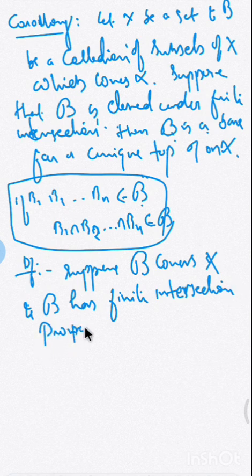Since it is a corollary of the previous theorem, we have to use the previous theorem. What was the previous theorem? The given 3 statements are equivalent. That means when you have one of those statements, you can use the other statements consequently. Now, I recall the third statement of the previous theorem.